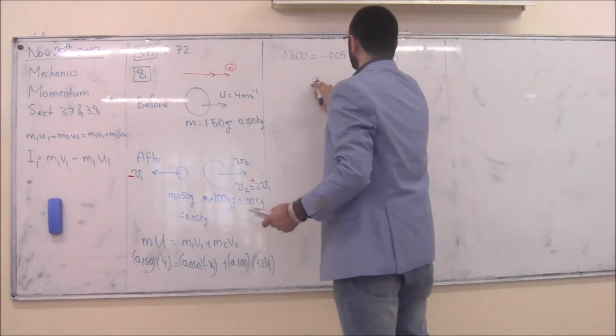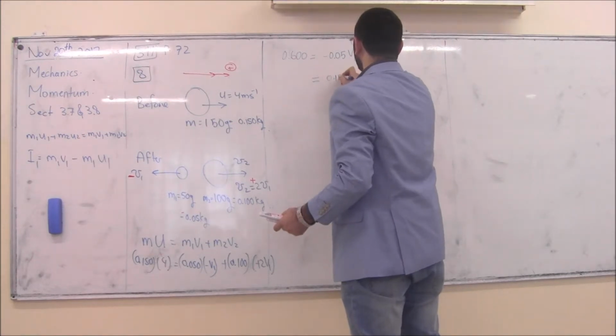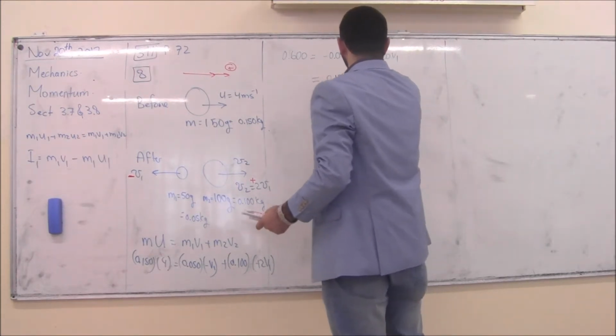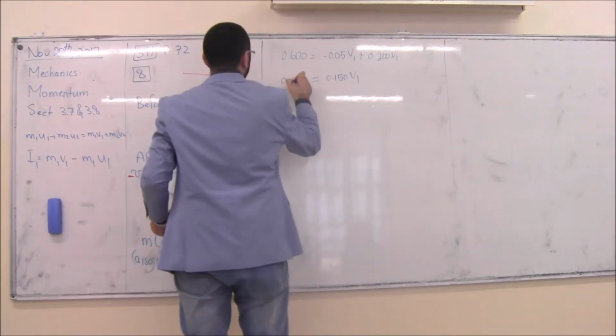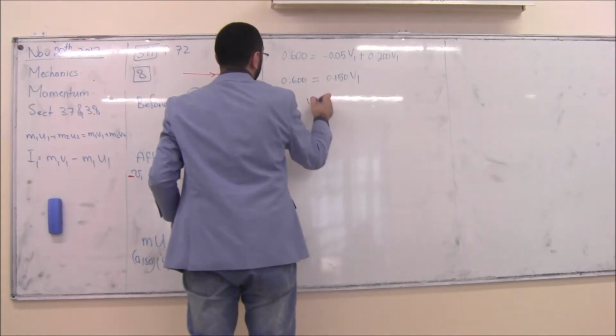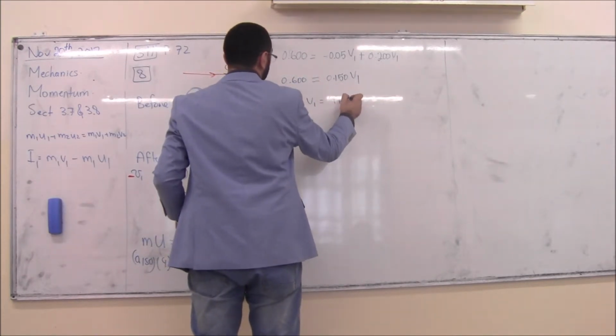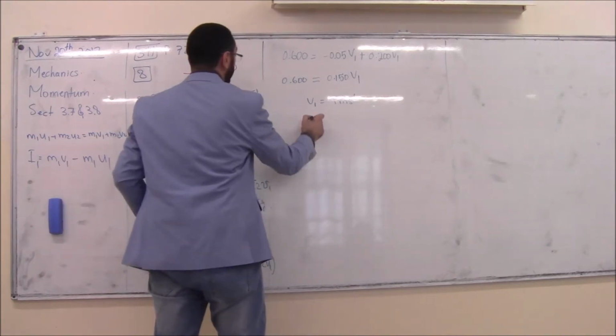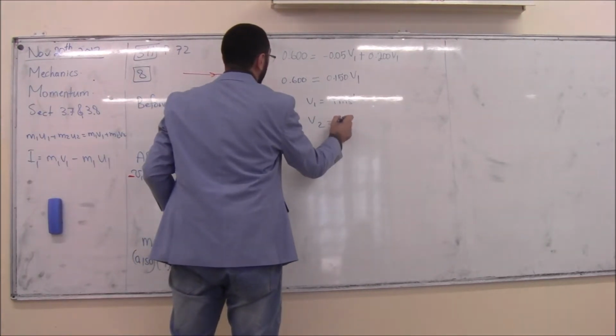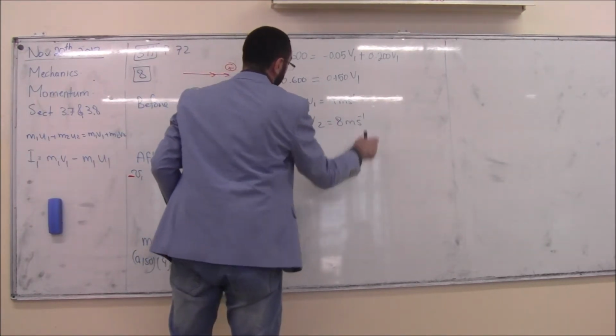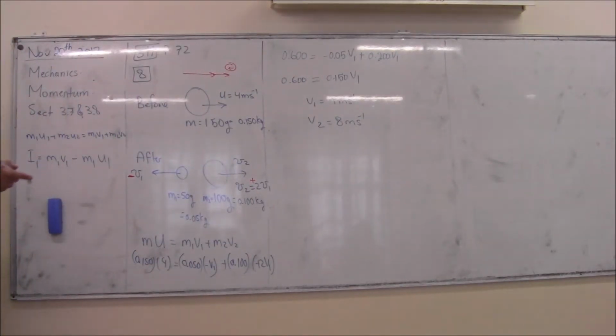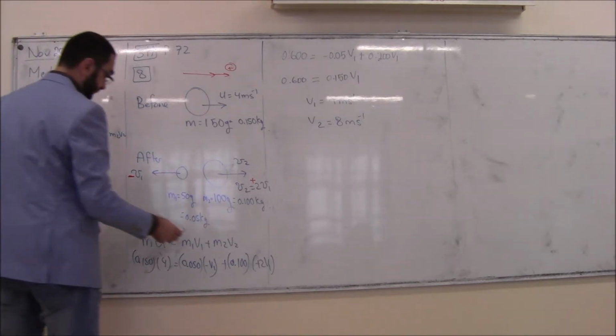Now this becomes 0.15 V1. So V1 equals 4 meters per second. V2 is 8 meters per second, because V2 is double V1. Clear?